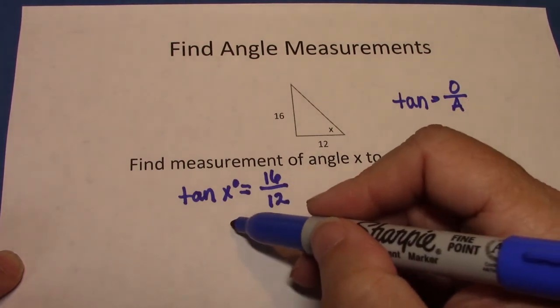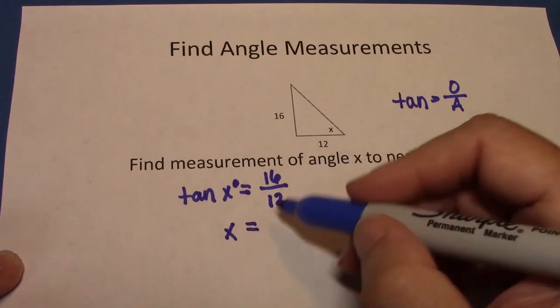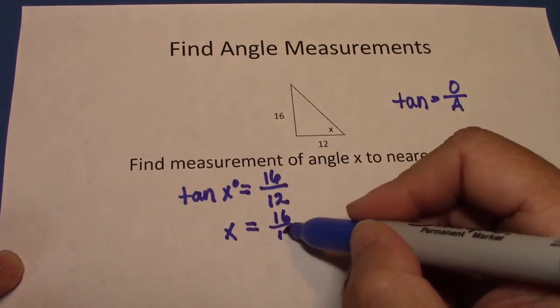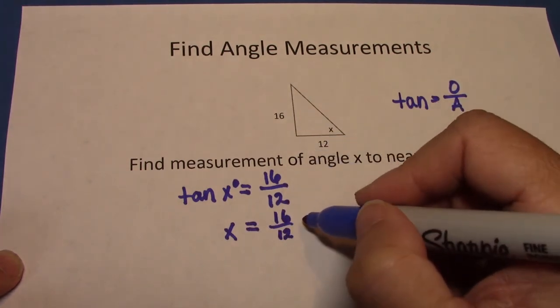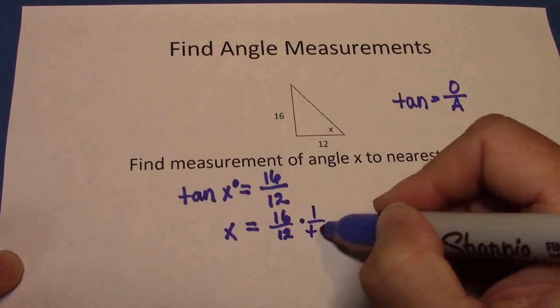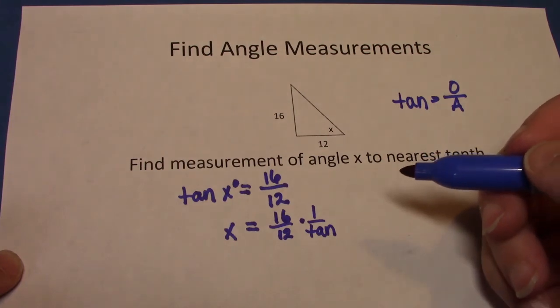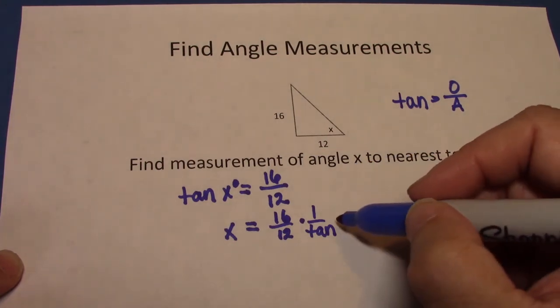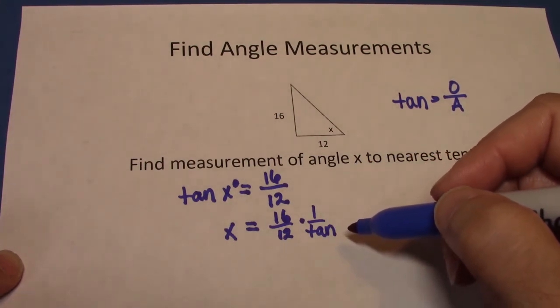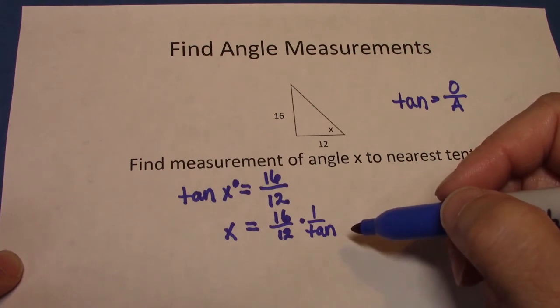This time we need to just divide by tangent. When we're dividing a fraction by tangent, it's really the same as multiplying by its reciprocal. Remember, when you divide fractions, it's really multiplying by the reciprocal. So this 1 over tangent reciprocal, that is tan to the negative 1 on your calculator.